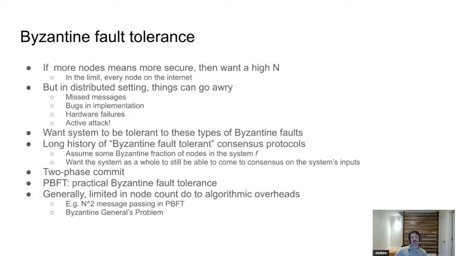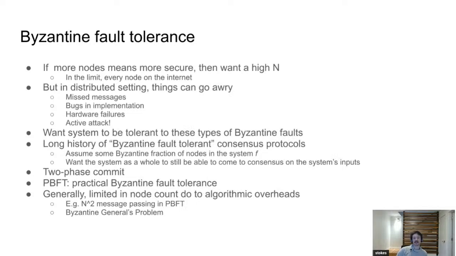And the point I was trying to get across a second ago is, especially for making these systems that represent digital scarcity in a very secure way, you actually want the node count to go much higher than what we could practically get with these types of protocols. And again, if you want to dig more into this, this general problem is the Byzantine generals problem.